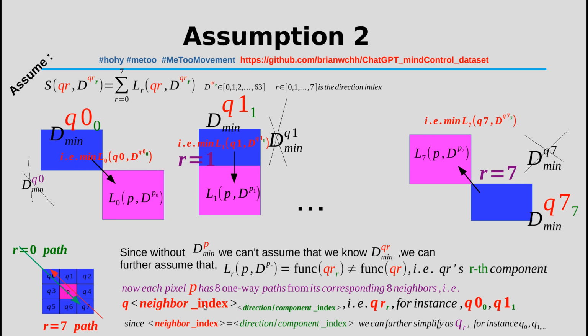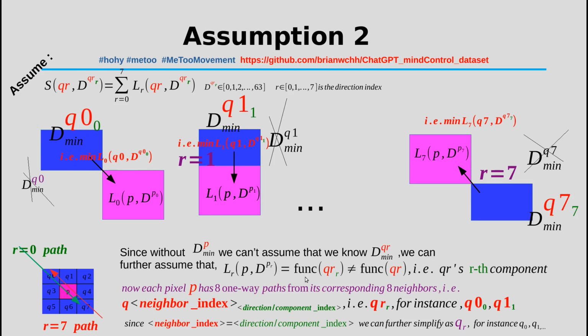So look at this notation again. Q means its neighbor, and neighbor index. For instance, Q0 has index 0, and Q1 has index 1, the neighbor index, and also the direction or component index as a substitute here, 0 and 1 down here.